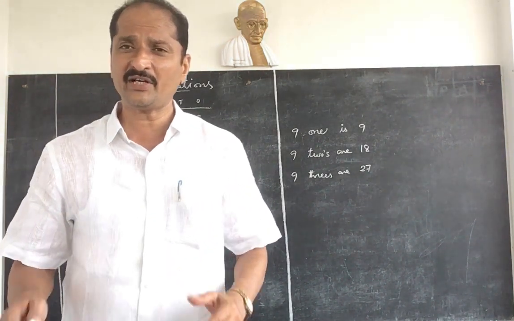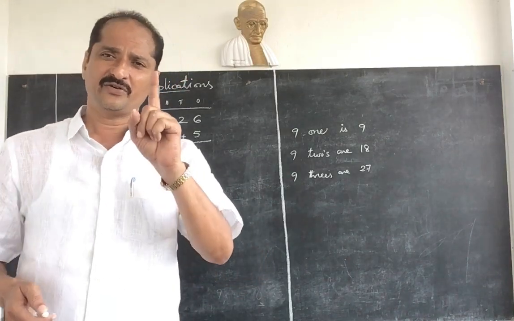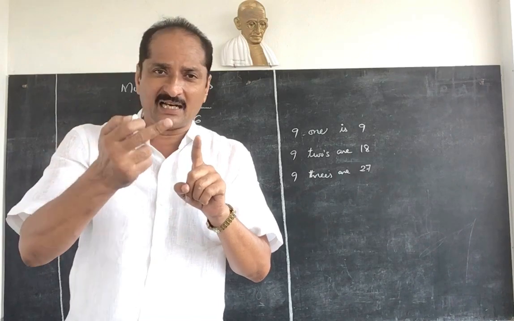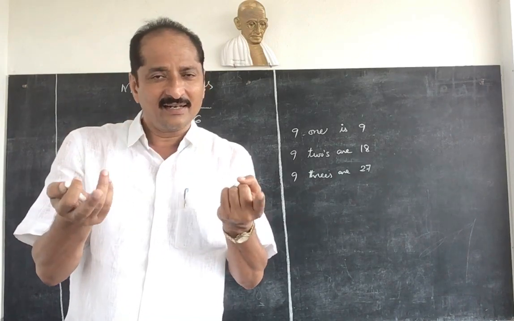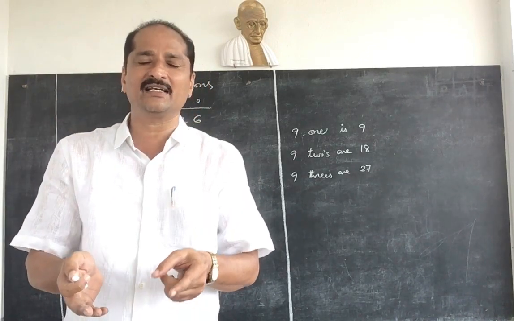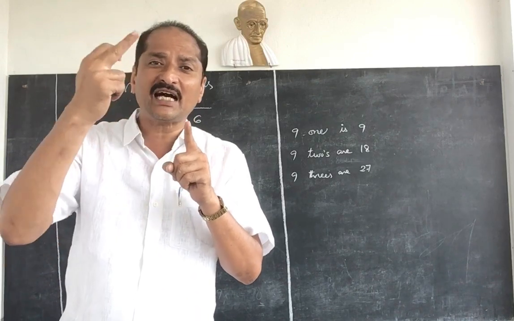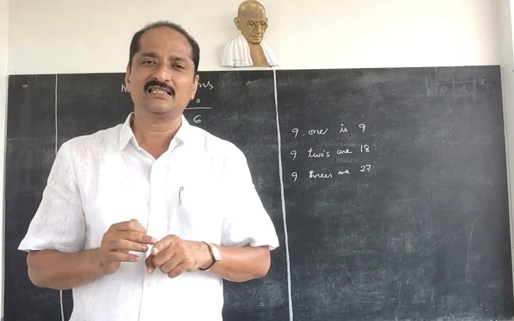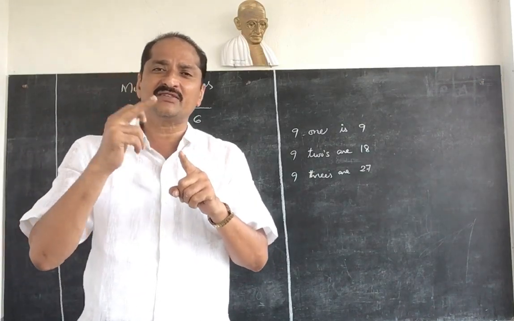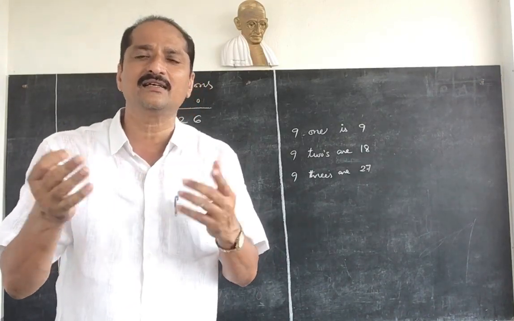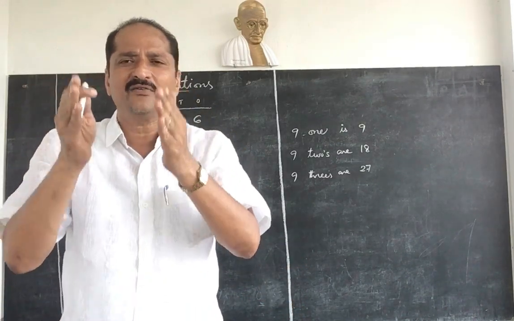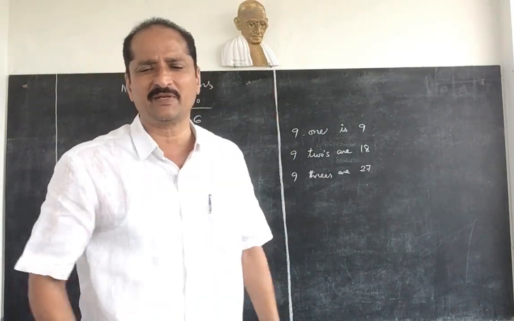So whenever you multiply ones with 1, you will get 1. Ones with 10, 1 tens are 10, so you get tens. 1 with 100, 1 hundreds are 100. With 1000, 1000s are 1000. So you have to write down in ones, tens, hundreds, thousands places.